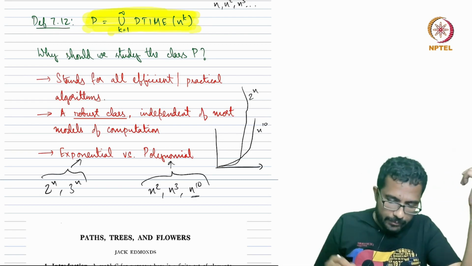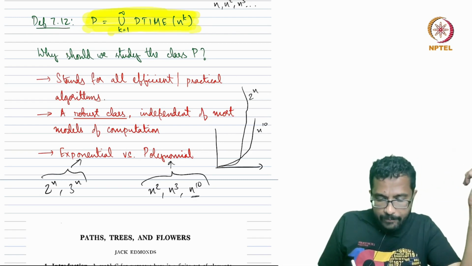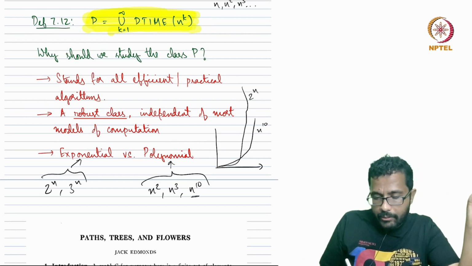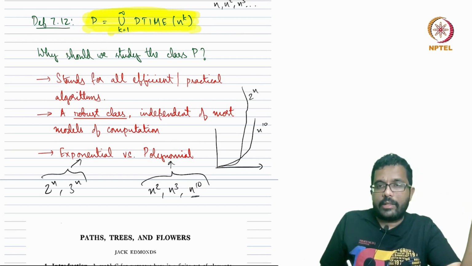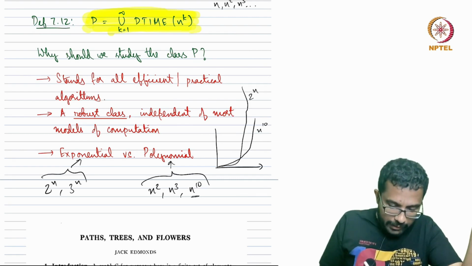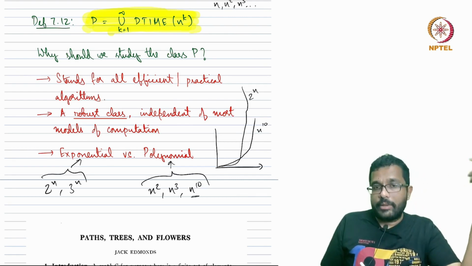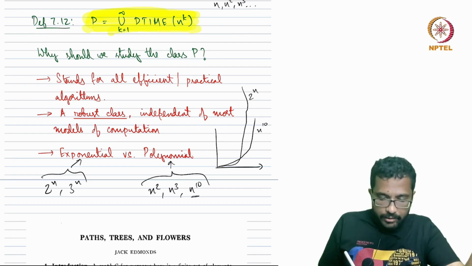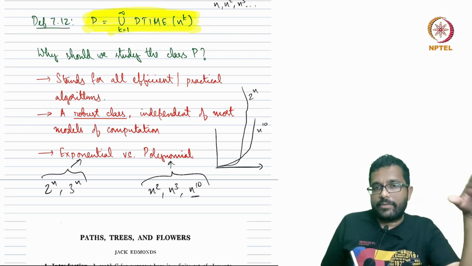Because you can see here I am just multiplying by another n, or not even multiplying, right? So when n goes from 100 to 101, it just becomes 100 power 10 to 101 power 10. But here it is doubling: when n goes from 100 to 101, it is multiplying by another factor of 2. So exponential functions grow much faster.